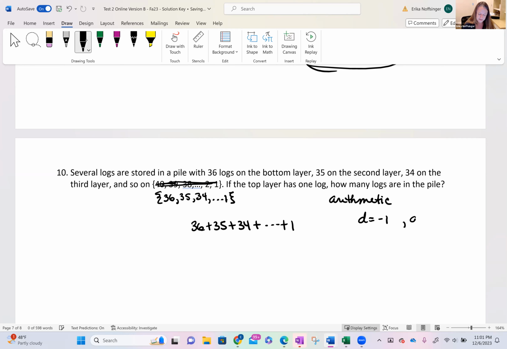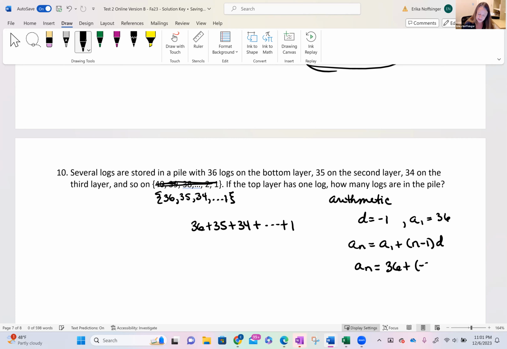My first term of the sequence is 36. One of the formulas for an arithmetic sequence is that the nth term is equal to the first term plus the quantity n minus 1 times d.